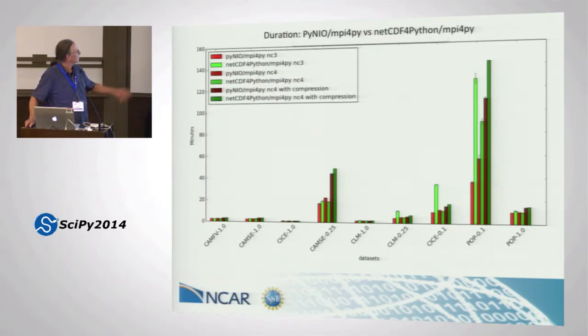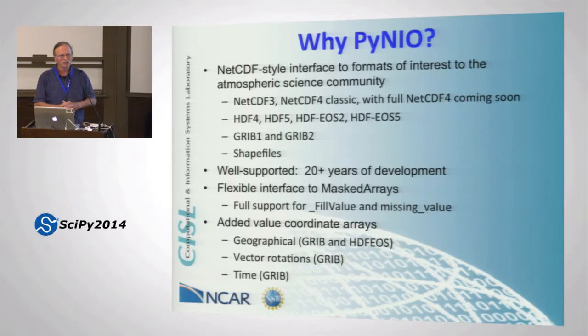And also in the compressed case, there seem to be some differences. There are a few places where NetCDF for Python is faster, but for a lot of these data sets, it's really a wash. So anyway, just interesting.